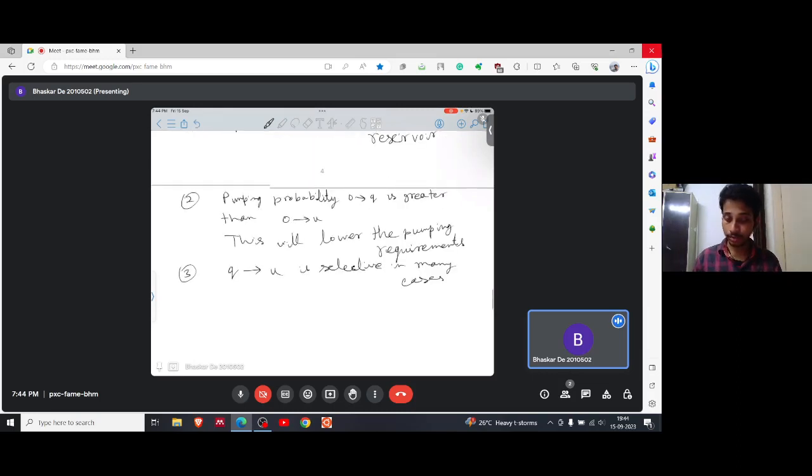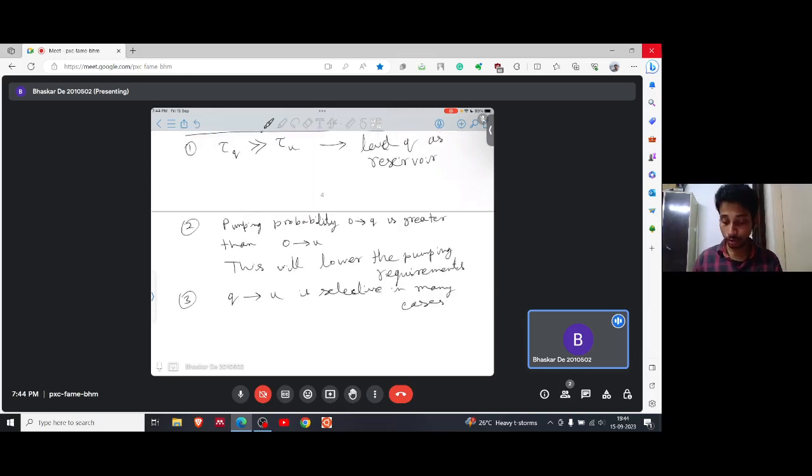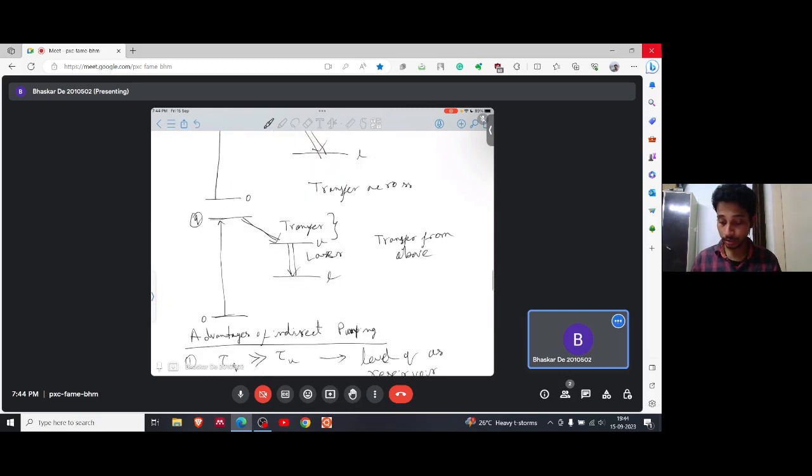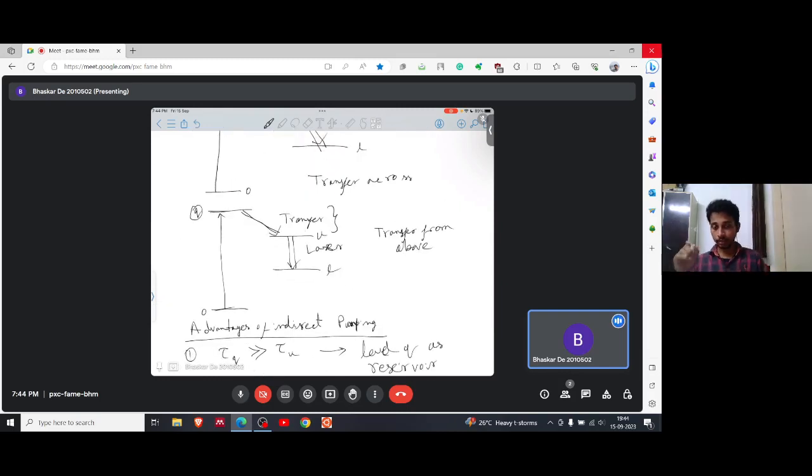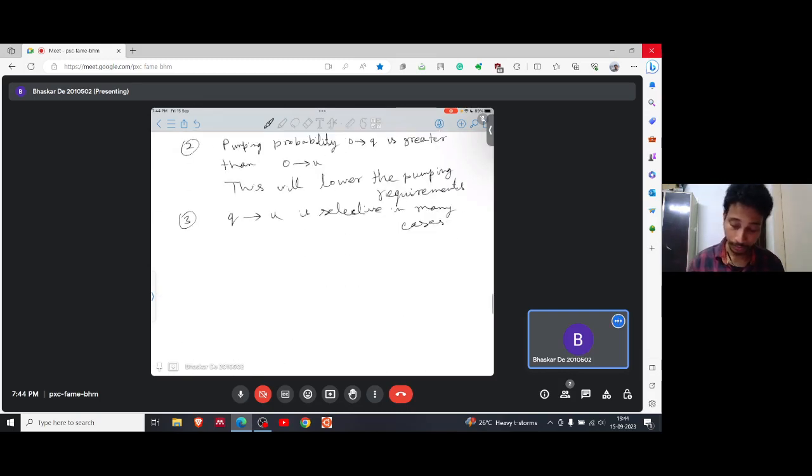So basically if the transition 0 to Q to U is selective, then we can understand that the pumping indirectly to the U level is easier in that case. And even if there is a chance of pumping 0 to L, we can avoid that scenario.